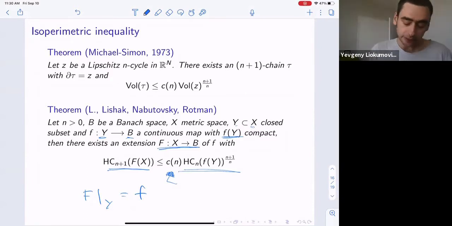And I think it's even reasonable to conjecture that this constant may be 1. And if you can prove that this constant is 1, then you get very close to optimal systolic inequalities. And that would be quite interesting because that's something people have thought about for a long time.